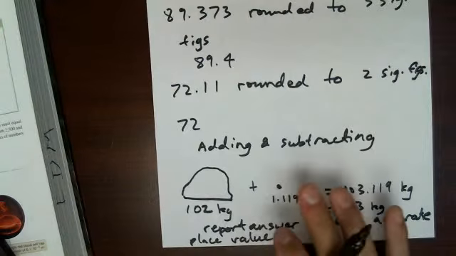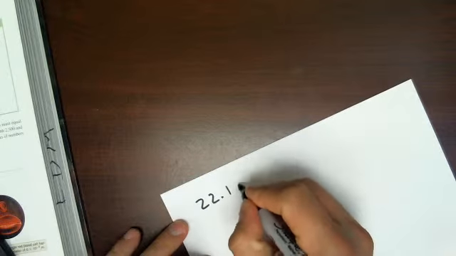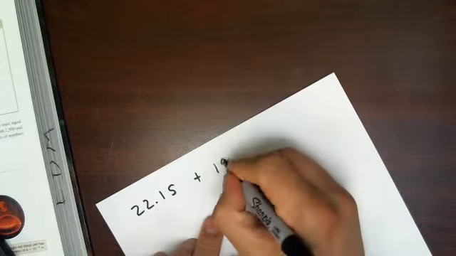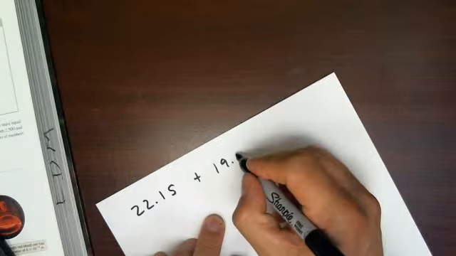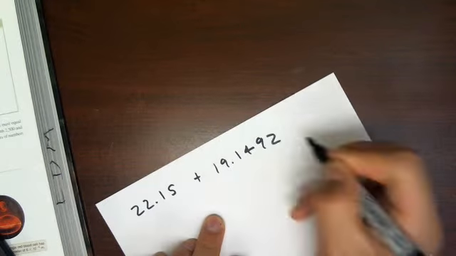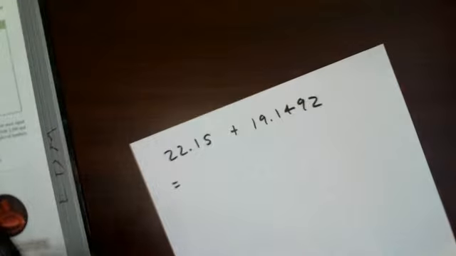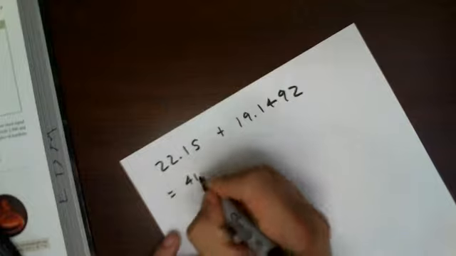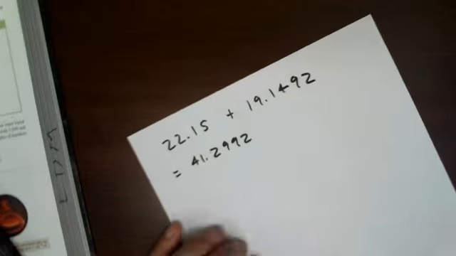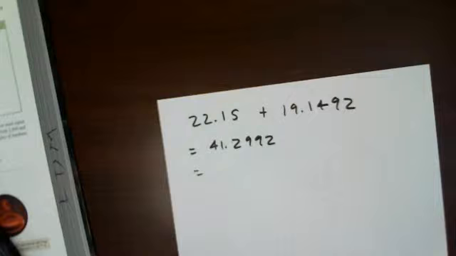Okay, so let's do another quick example. If we just have a simple case of 22.15 plus 19.1492, if I put that in the calculator, I get 41.2992, but I'd actually report that answer differently.